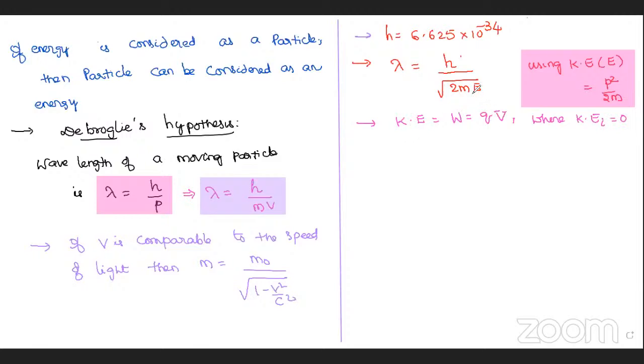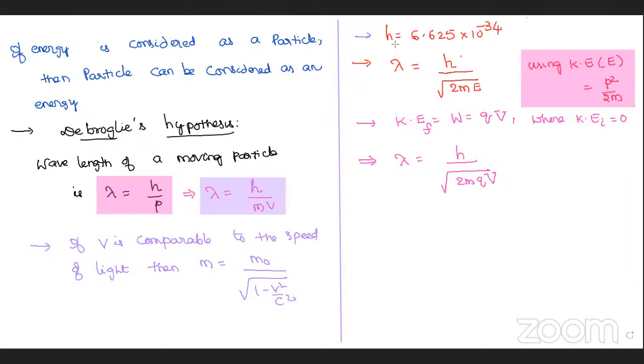Final KE is equal to whatever it got, Q into V. That implies lambda is equal to h by root of 2m, with kinetic energy replaced with QV, that is VQ here.